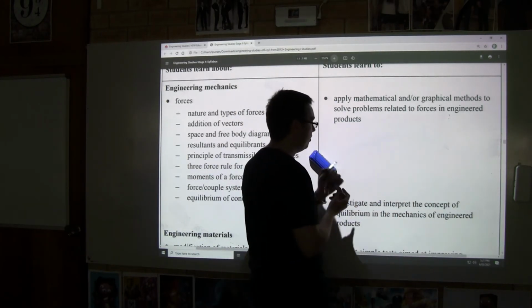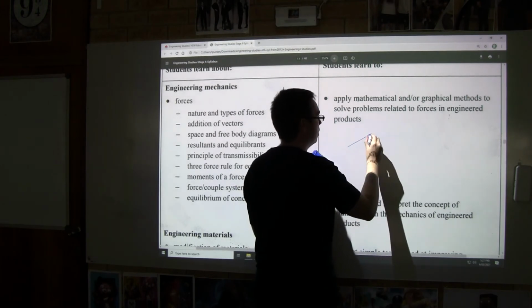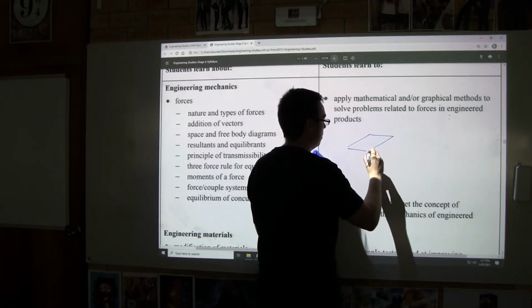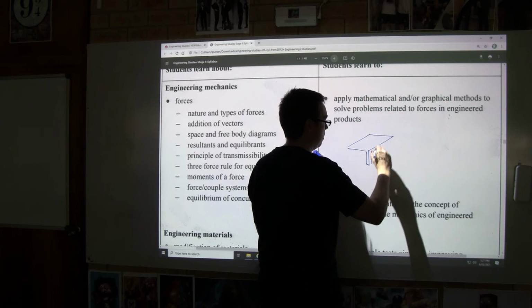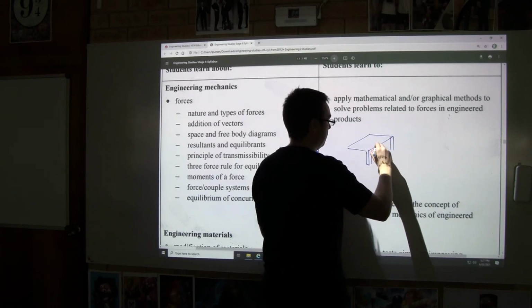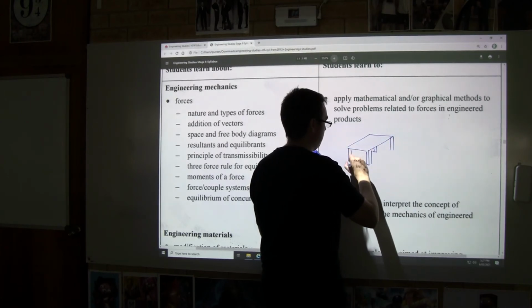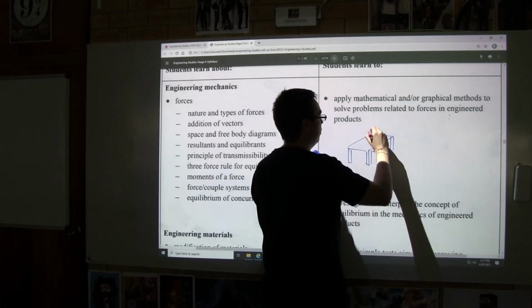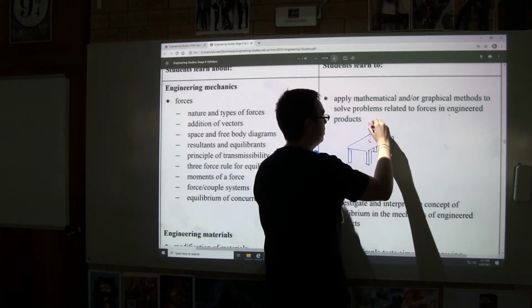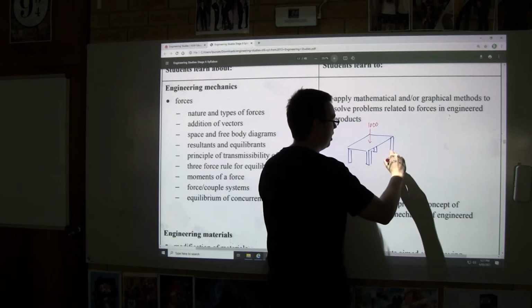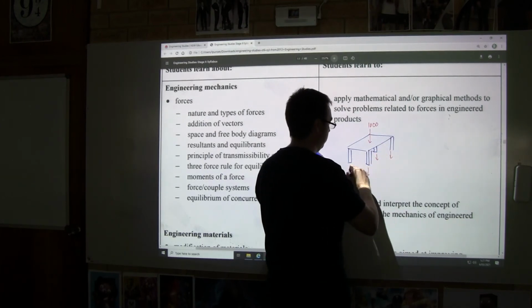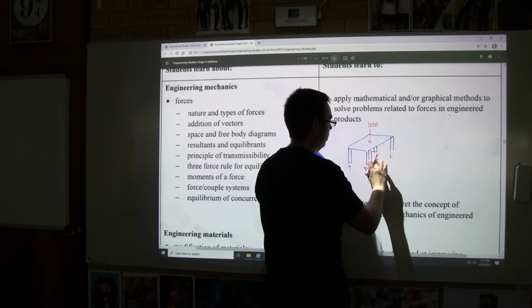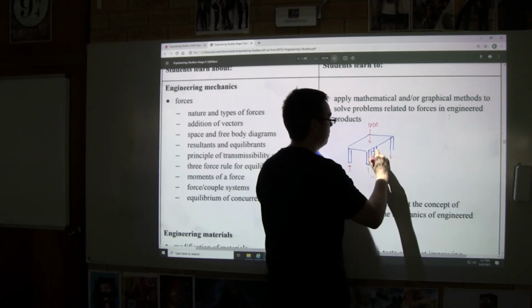Well, if I have a stool, and someone sits on that stool, let's say a football player sits on the stool, and that's 1,000 newtons, I'm going to have four forces going the opposite way to balance those.